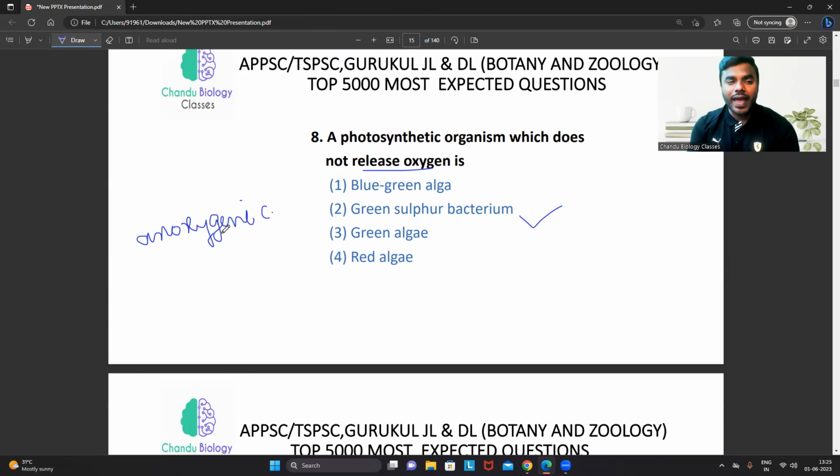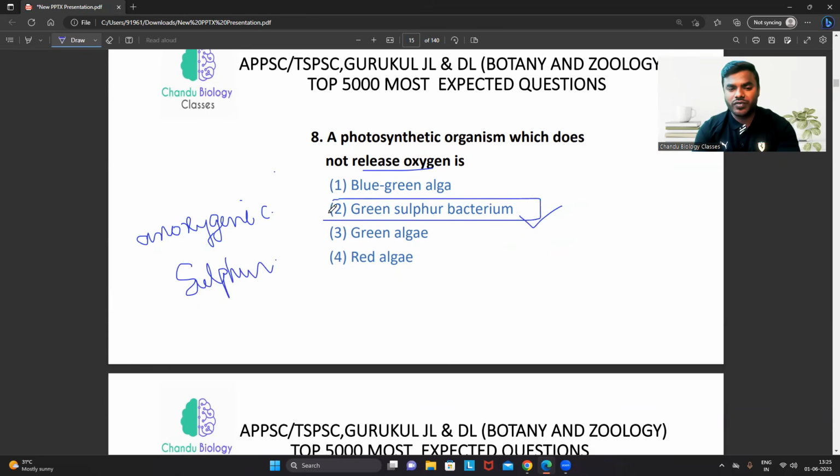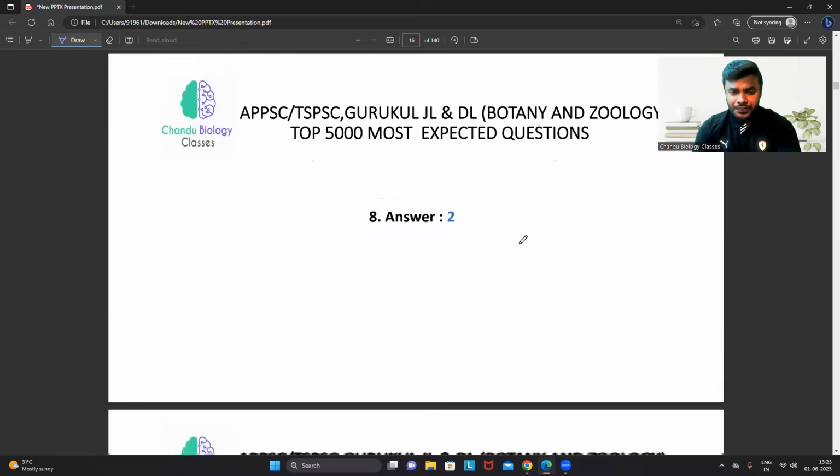What do you mean by anoxygenic photosynthesis, friends? Where oxygen is not released as a byproduct. Instead of releasing oxygen, what is it going to release as the byproduct, friends? It is releasing sulfur as the byproduct. Hence, the correct answer is what, friends? Option 2. Easy to remember.